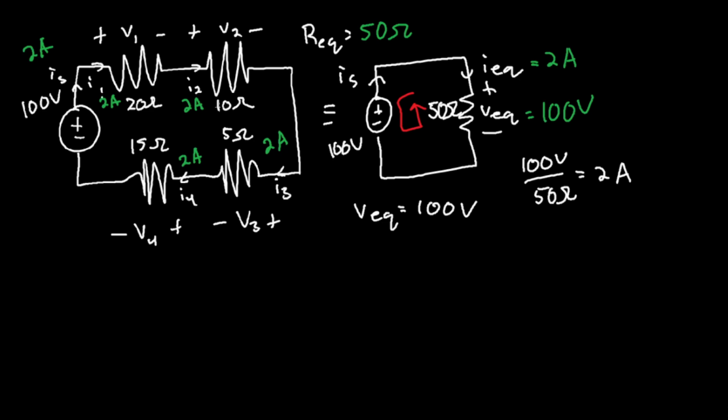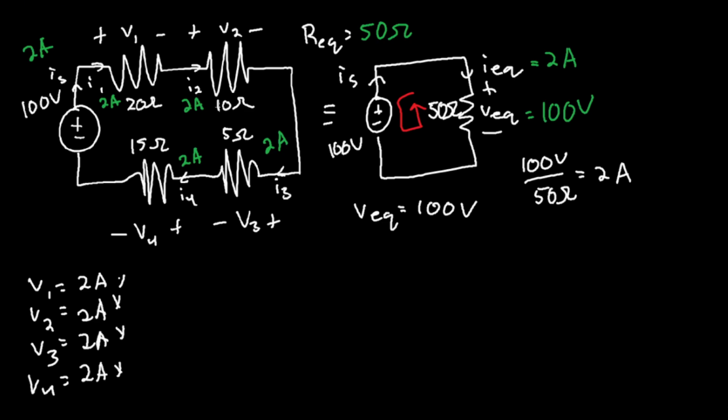Well, we can just calculate all these voltages individually using Ohm's law. So V1, V2, V3, and V4. We have 2 amps on everything, times the resistances. So V1's resistance is 20 ohms. V2's resistance is 10 ohms. V3's is 5 ohms. And V4's is 15 ohms.